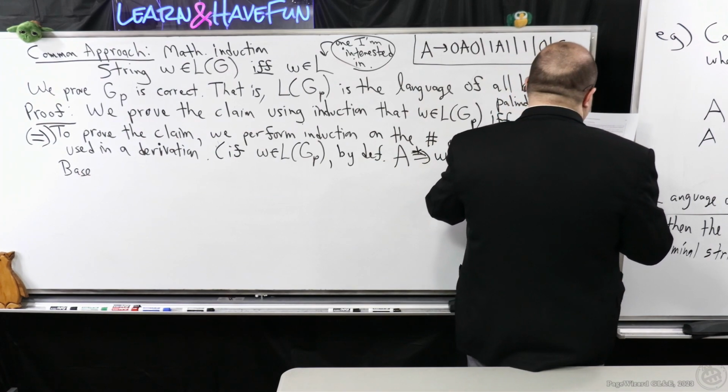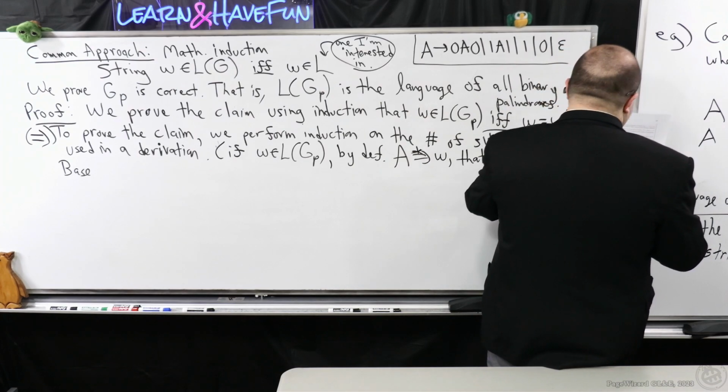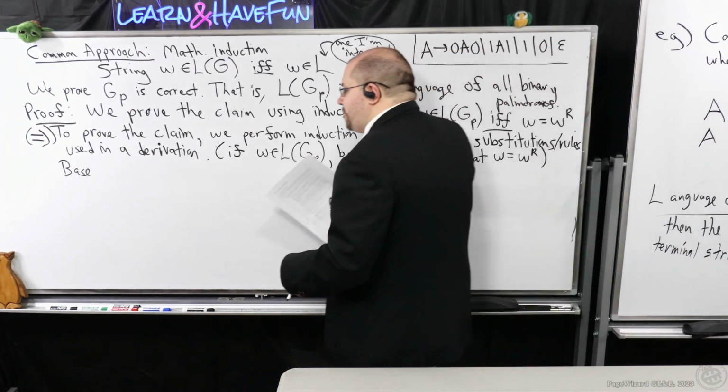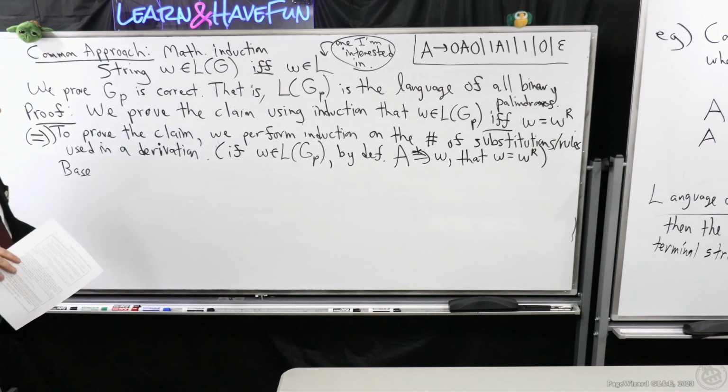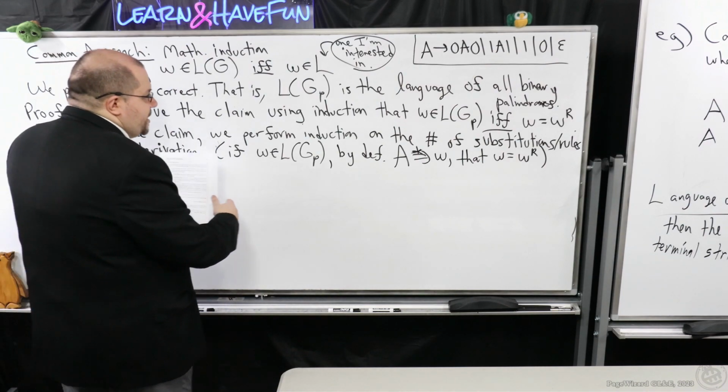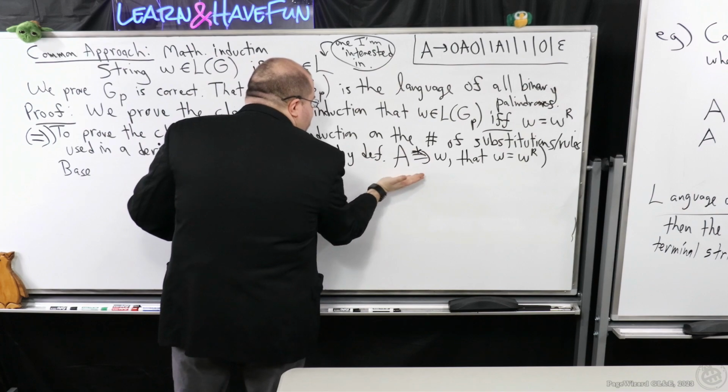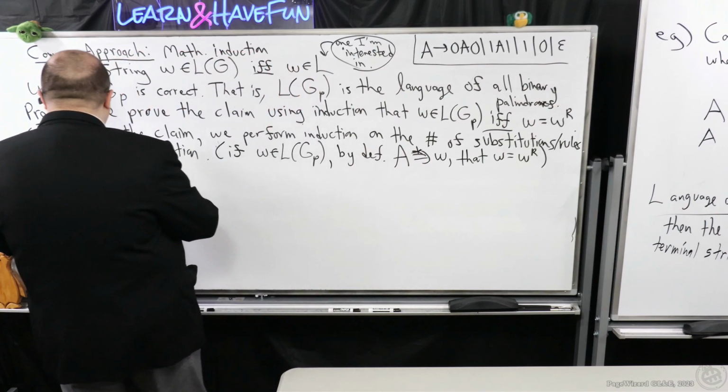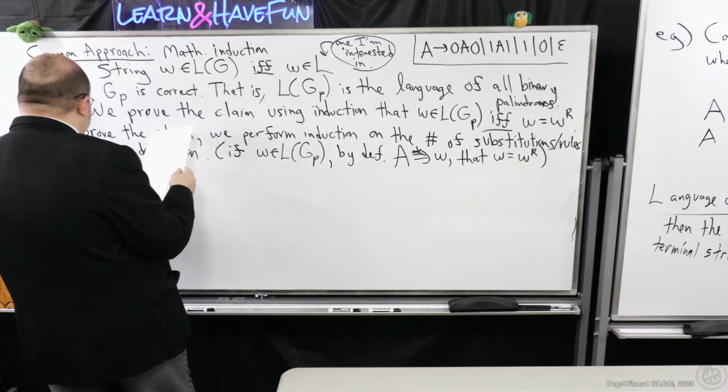I would like to establish that W is W reverse. That's what we're trying to do. Notice that the definition requires me to apply some number of production rules to get the derivation.